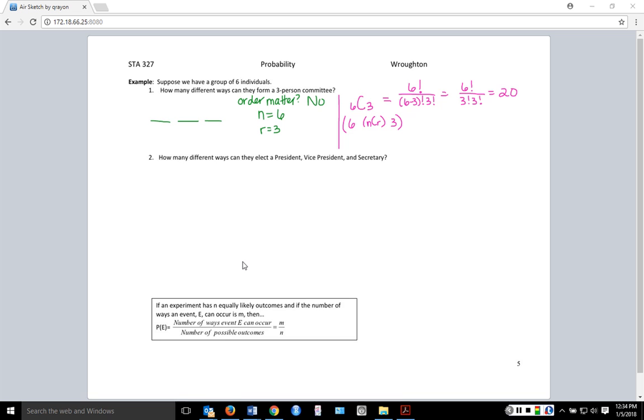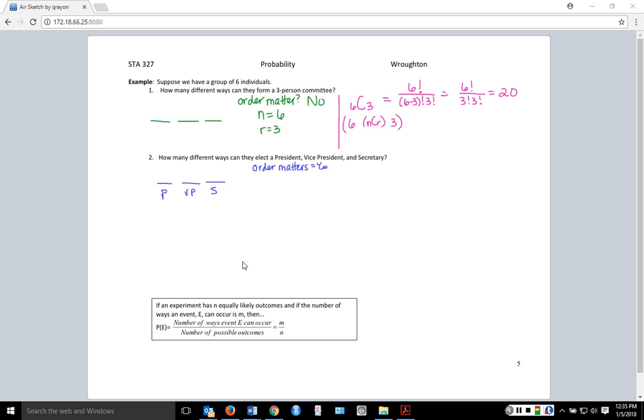Now, if instead I was looking at picking a president, a vice president, and a secretary, again, the first thing I'm going to ask myself is if order matters. Or in a sense, if you pick the same 3 people, can I rearrange them in a different way and it actually is different? So here, that answer is yes. Because, for example, I could be president with the 2 other people serving those other roles, but I could also be vice president with those 2 people serving in those other roles.